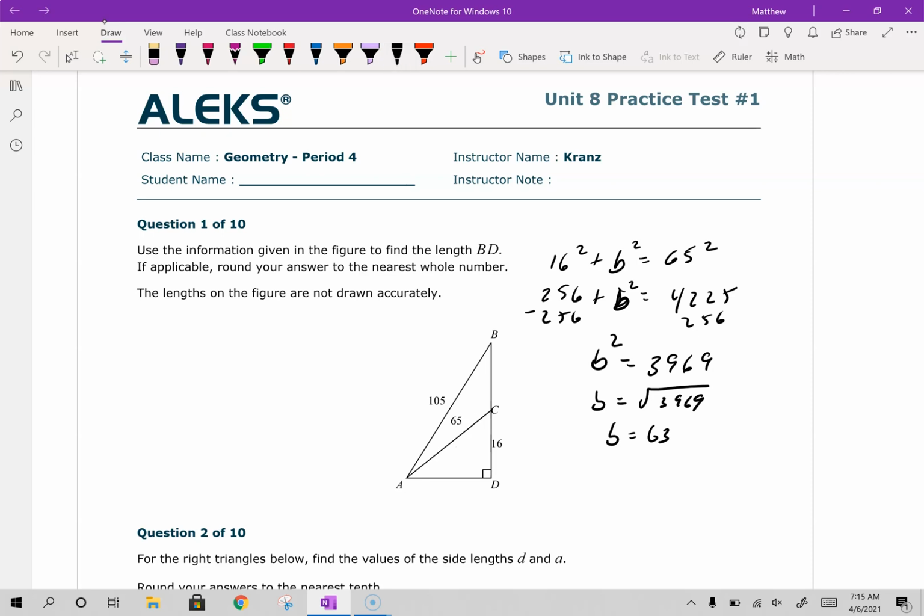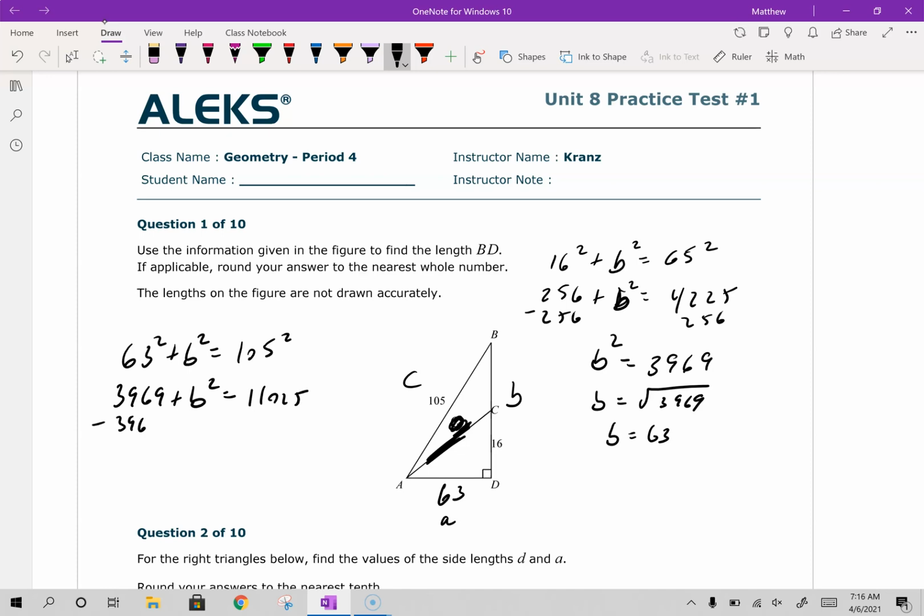So now that we know that b is 63, I don't need to deal with this anymore. I just know that 63, we'll call that a, plus b squared equals c squared. 63 squared plus b squared equals 105 squared. So 63 squared is 3969 plus b squared equals 105 squared, which is 11,025.